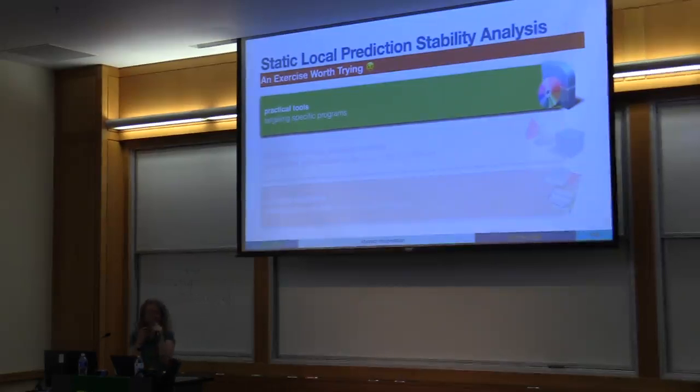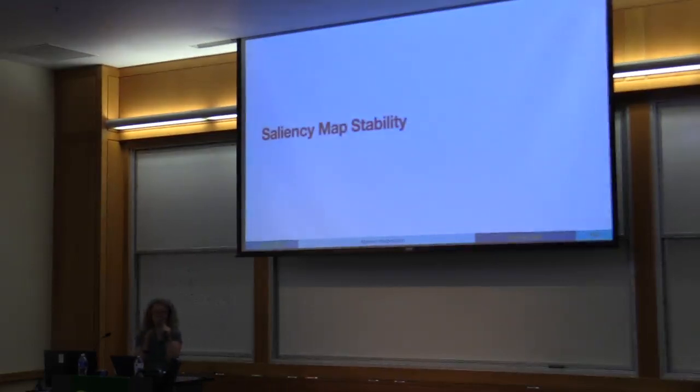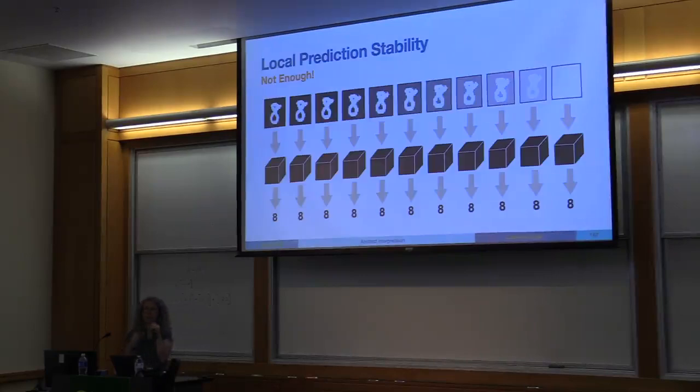I just wanted to then mention roughly, so we talked about prediction stability. I want to mention the option of doing other kinds of stability verification, because prediction stability is not necessarily a good property, in fact. So here there is an image of an 8.